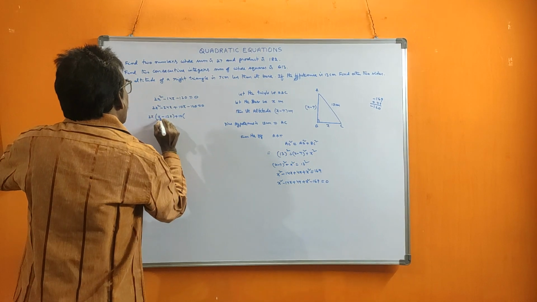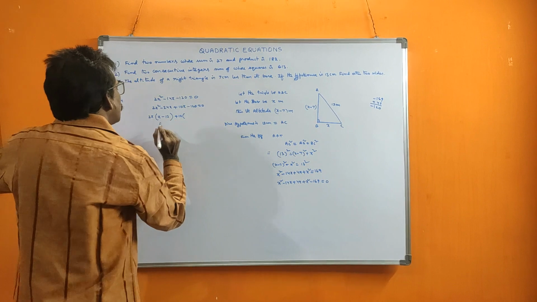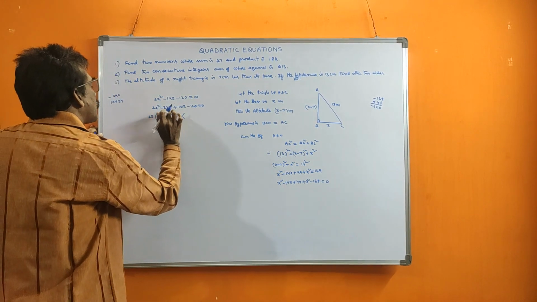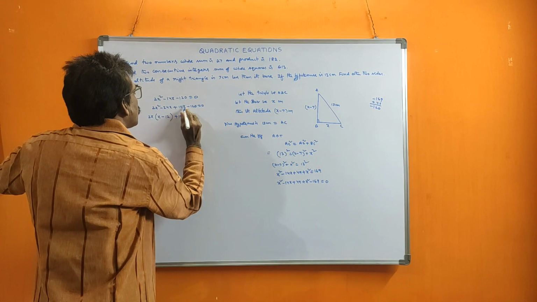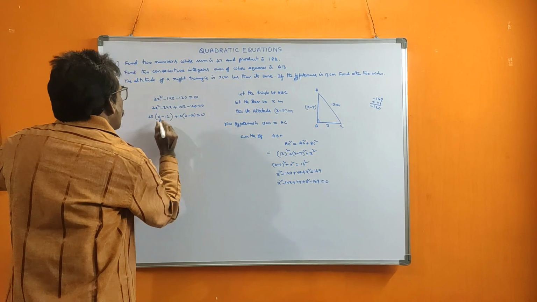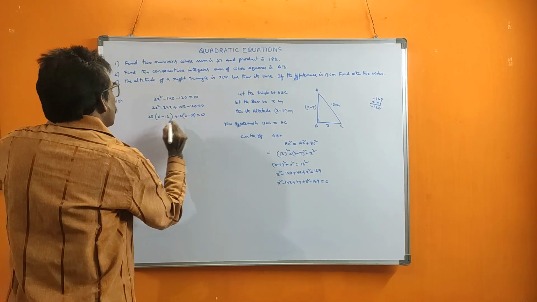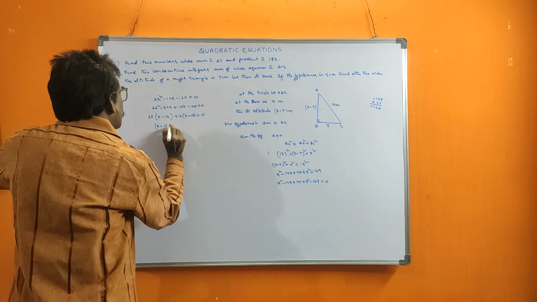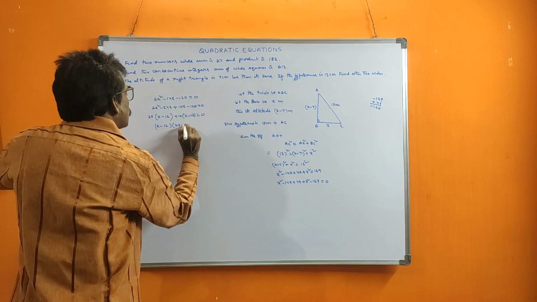In the first group, only 12 remains after taking x, and in the second group only 12 remains after taking 10. Now x minus 12 is common in these two terms, and what is left is 2x plus 10.